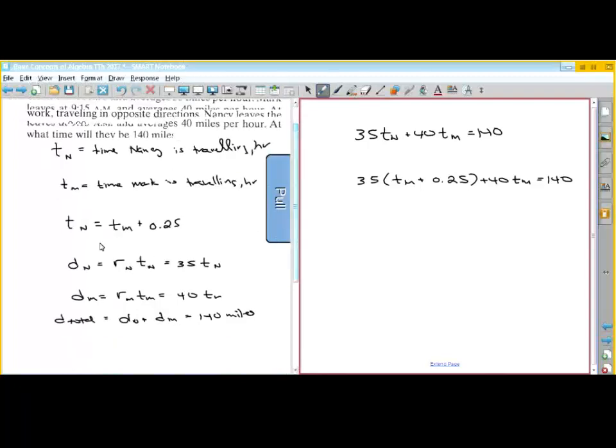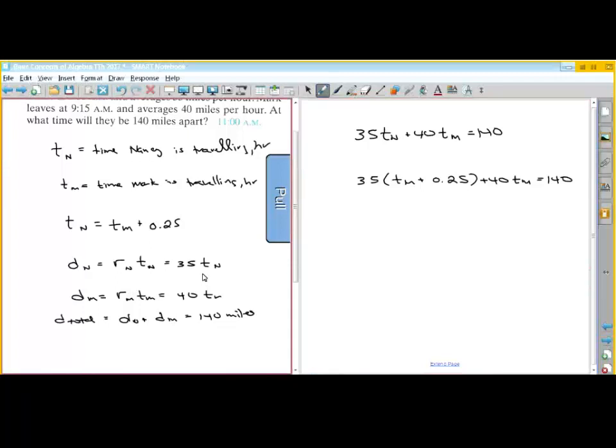But ultimately what we did was we said the total time was the sum of the individual times. Well, the total time is the same for both of them. No, that's not true. The final time, the end point, is the same. But we reflected that Nancy left earlier by this relationship. We were able to use the given rates to write the distances traveled in terms of rate times the times.